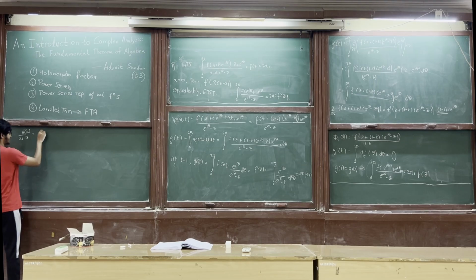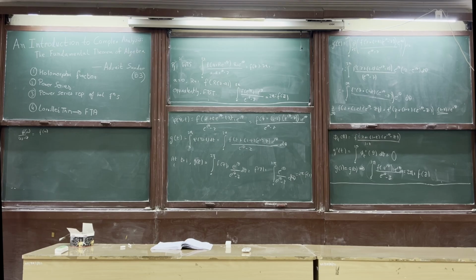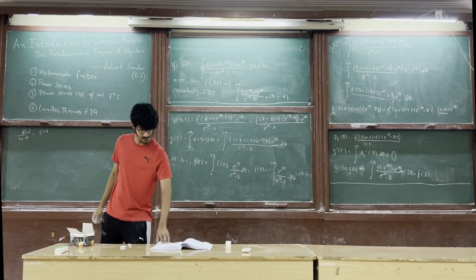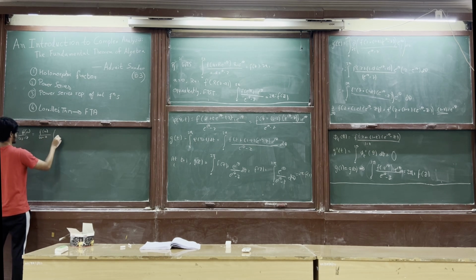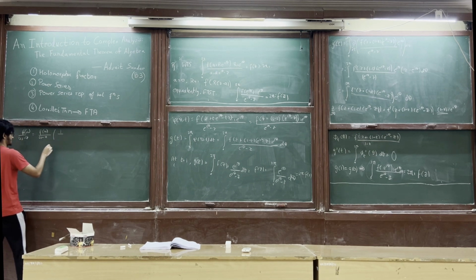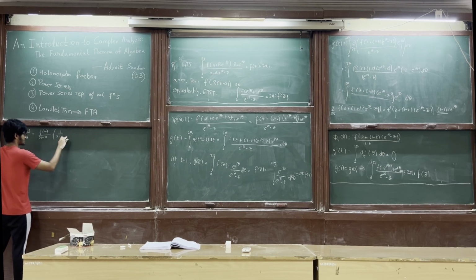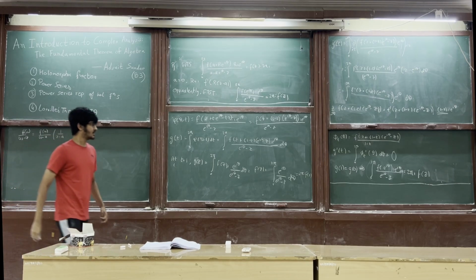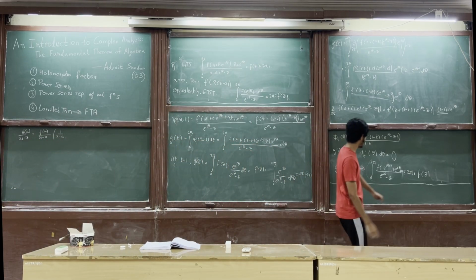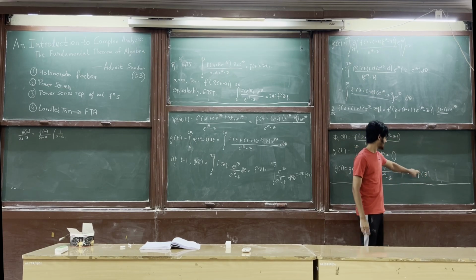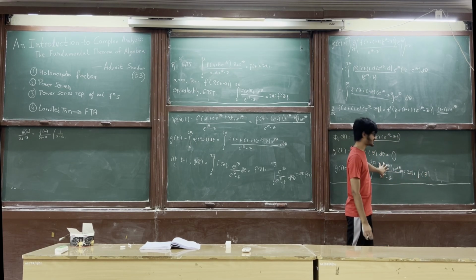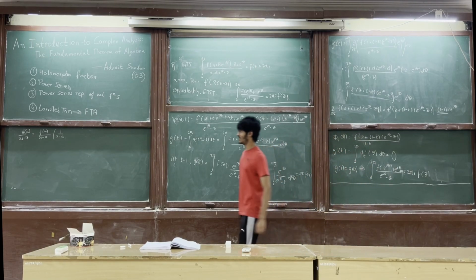So we can write this as... Before that, we come over here, we see that by taking fixed z, we can find the derivative, the second derivative, the third derivative, and so on and so forth, by just differentiating this. This is exactly what we used there.